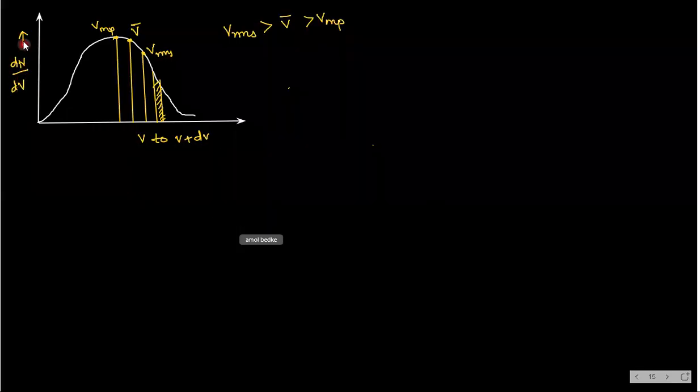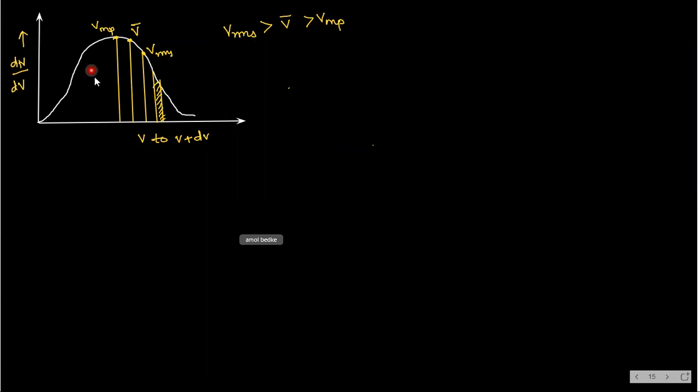See here, this is the dn by dv versus v graph, and on this they have given you these velocities. So here Vrms is always greater than V bar, which is always greater than V most probable. Which one is the greatest? That is Vrms. And this relation you can see.